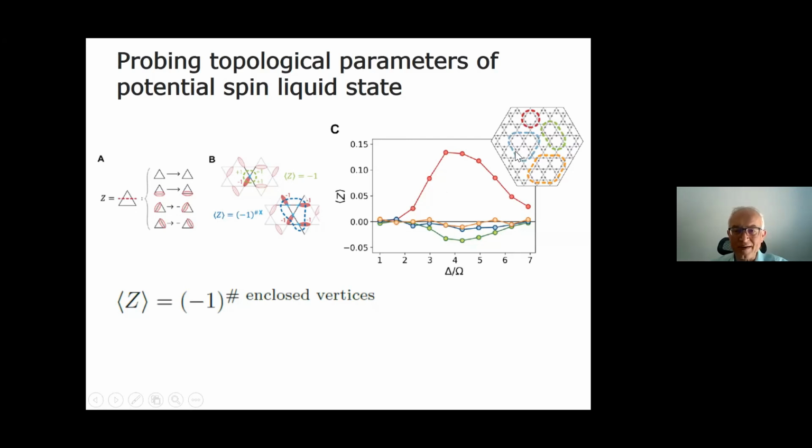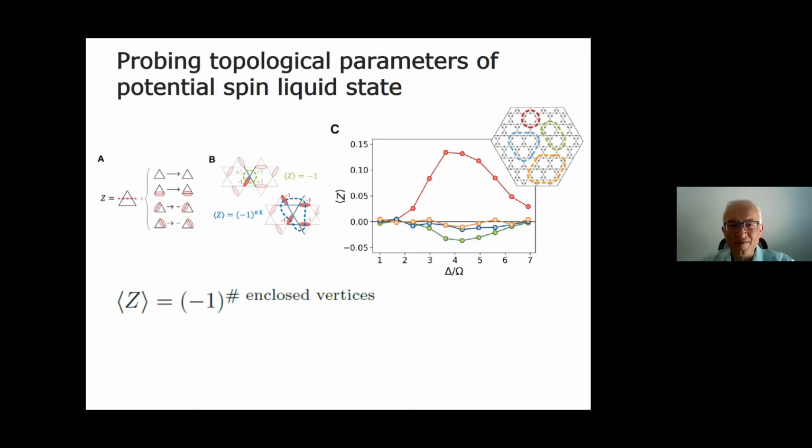So basically, we can go around this loop, and then we define a certain parameter here that is either +1 or -1, depending on which of these 3 atoms is excited as we go around the loop, and we can quantify this parameter. And we see that this parameter going around these various loops is non-zero as we create what we think approaches a spin liquid phase, in any case a frustrated phase in the system.